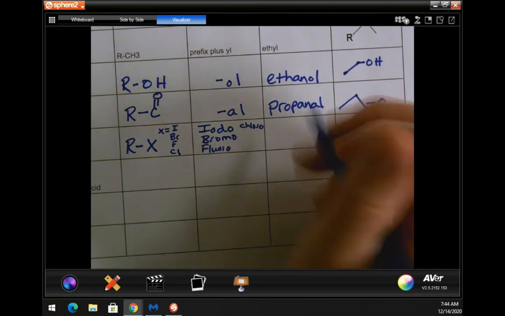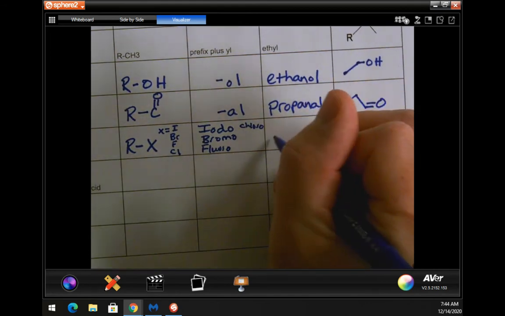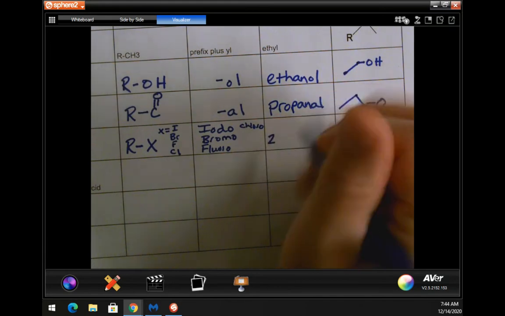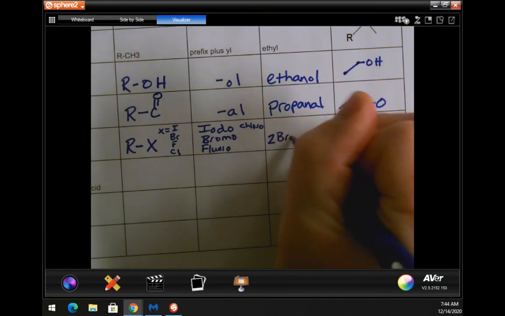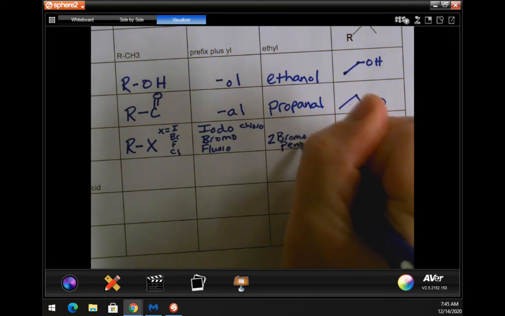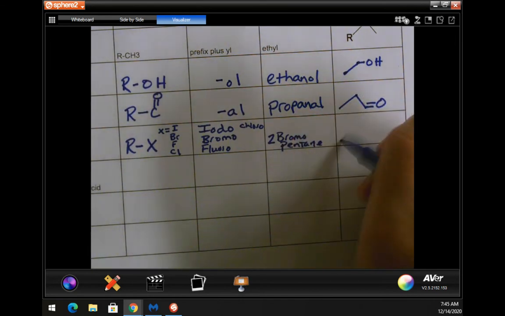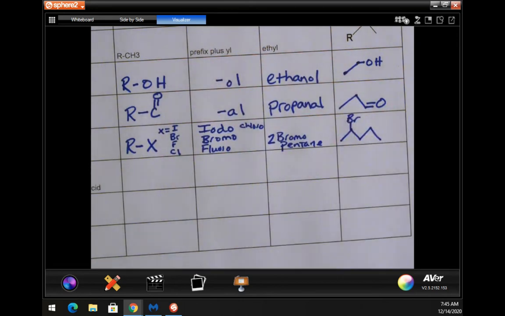And then maybe a specific example might be 2-bromopentane. So something like that.